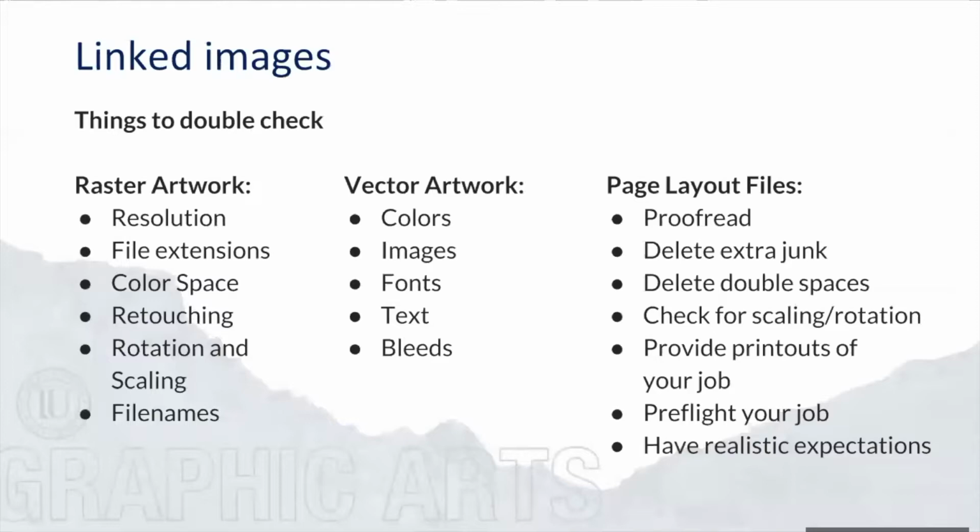You want to, again, check for scaling and rotation. While a few rotations here and there aren't a problem, it's permissible to scale within a reasonable range, 70 to 125%. An image-heavy document with lots and lots of transformations can be slow to rip.